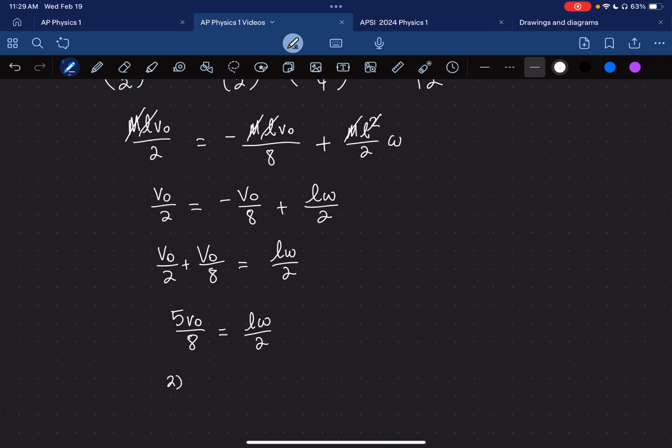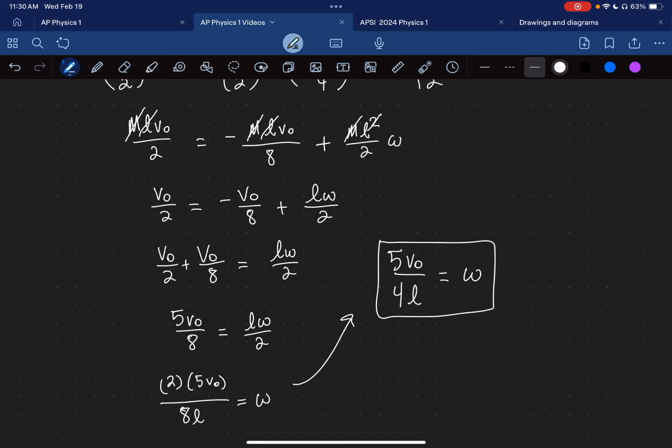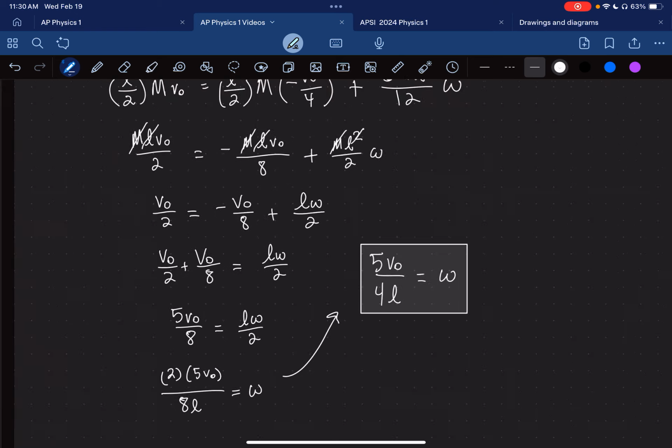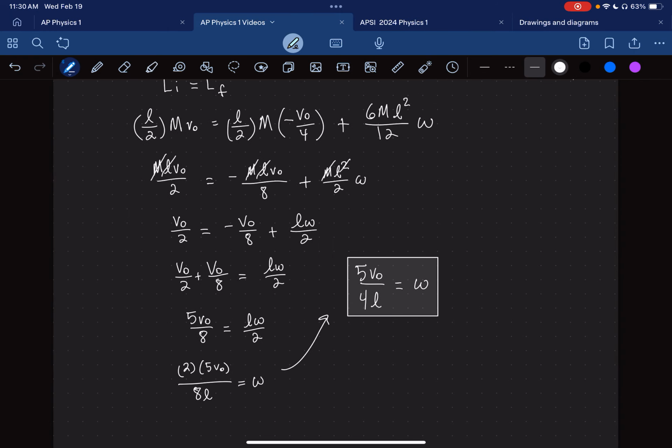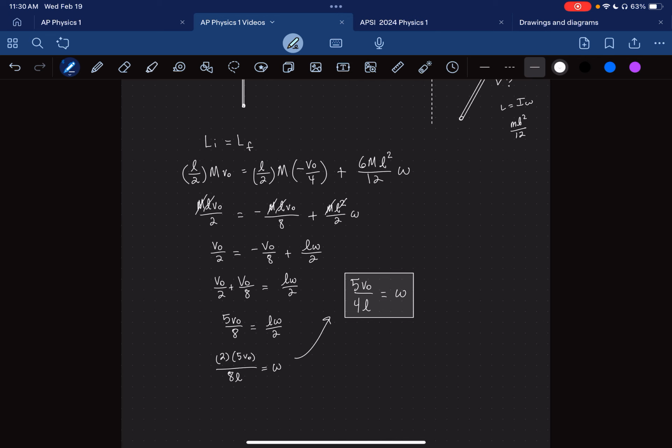We'll multiply both sides by 2 and divide by L. Looks something like this. This is 5 v naught, so 2 and 8 will reduce to 4, just like that. So again, omega is some fraction of v naught over L.